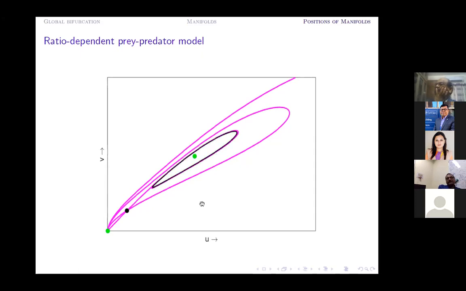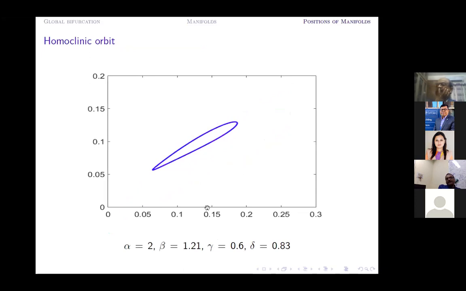For that, this is the position of the limit cycle at the end, which we can obtain just to mark its position. Then you can choose a couple of parameter values for delta, because here I have changed delta to show you the homoclinic orbit. So this is the limit cycle for delta equal to 0.83. Keeping this plot as it is, now I can choose another value of delta.